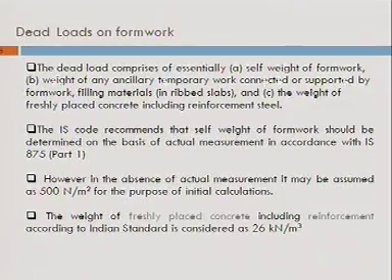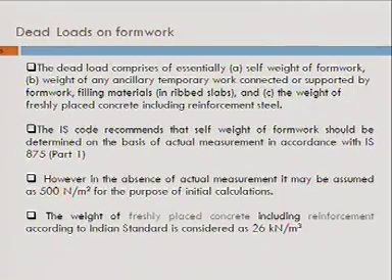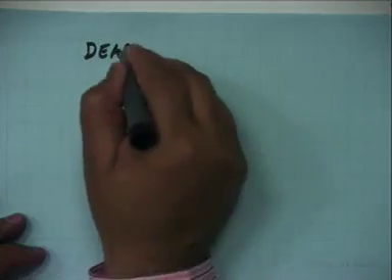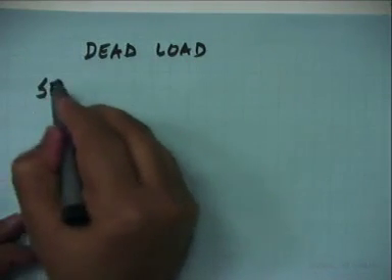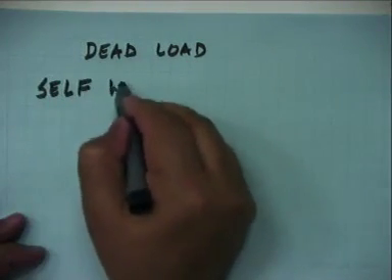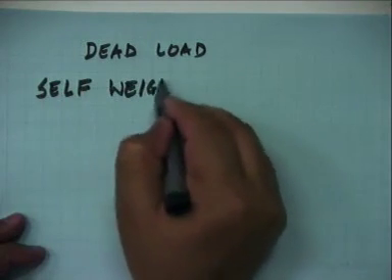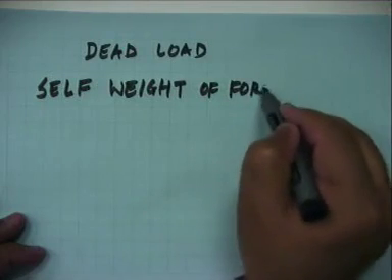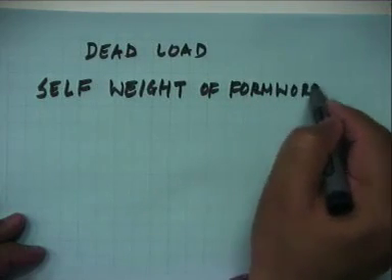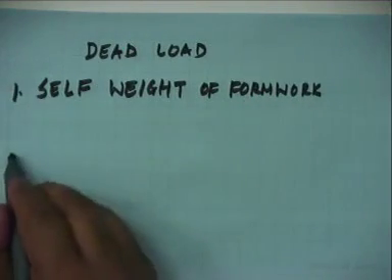And as you can see, it consists of three major categories. I will write it, the slide may not be that visible. So under dead load you have this self weight of formwork, this is first.